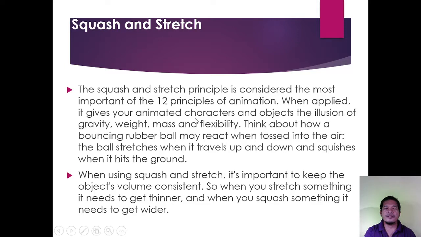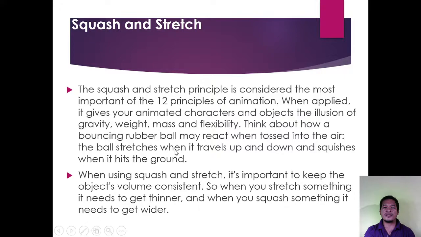So first is squash and stretch. The squash and stretch principle is considered the most important of the 12 principles of animation. When applied, it gives animated characters and objects the illusion of gravity, weight, mass, and flexibility. Think about how a bouncing rubber ball reacts when tossed into the air.